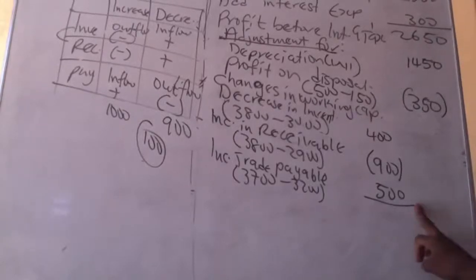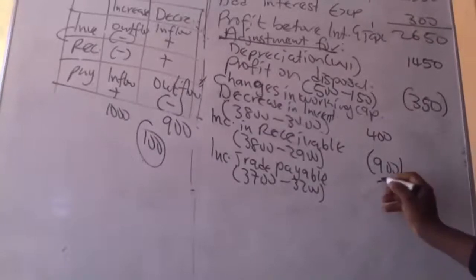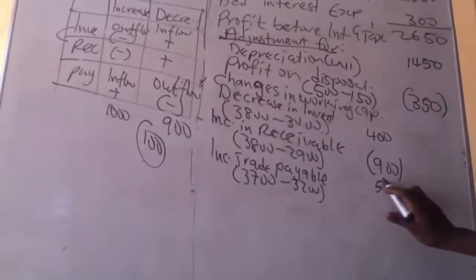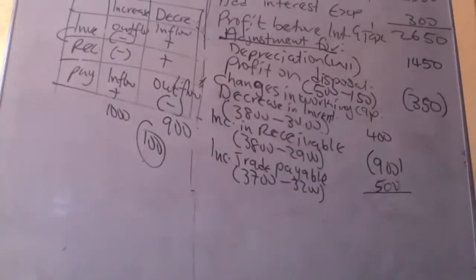What do you get? 0. Throw the dash like this. So 0. Please sum these 3 up. 1, 2, 3, 1, 2, 3, 4.